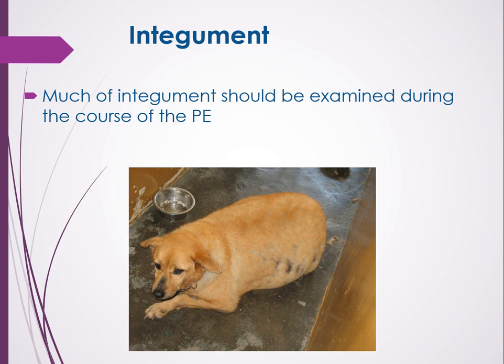Integument, you should be able to assess integument concurrently with all the systems that we've discussed earlier. All right. If you check the thorax, of course, at that moment when you're palpating the ribs, you have to flip through the hair and see whether there are any papules, any red spots, any lesions, scabs, or whatnot on that area itself.